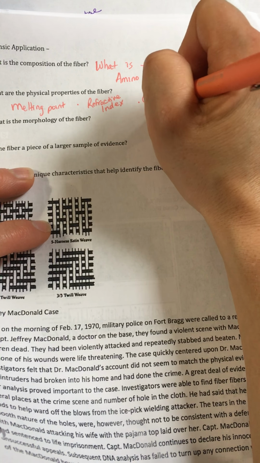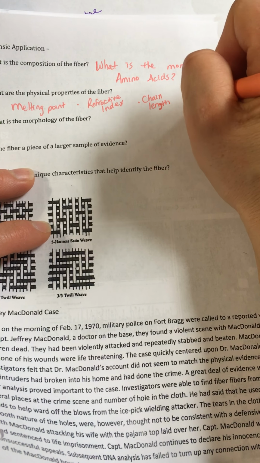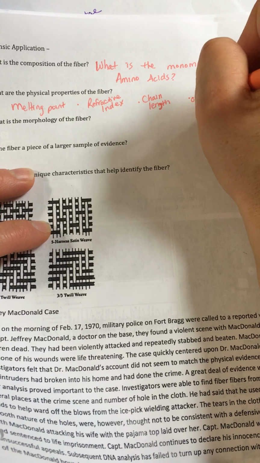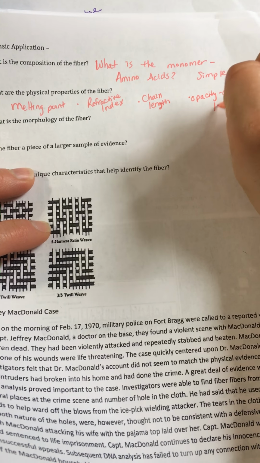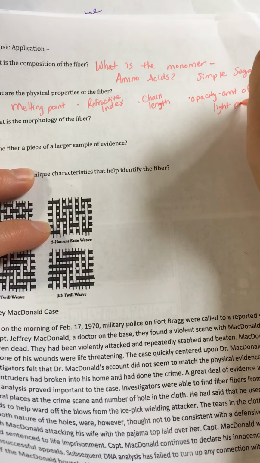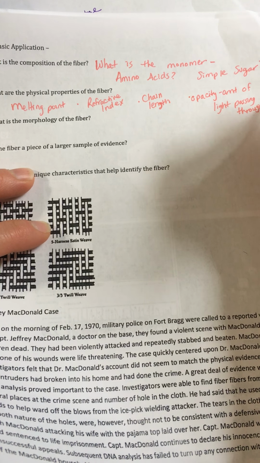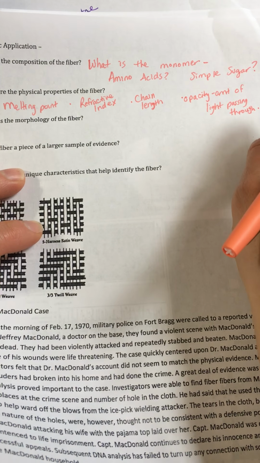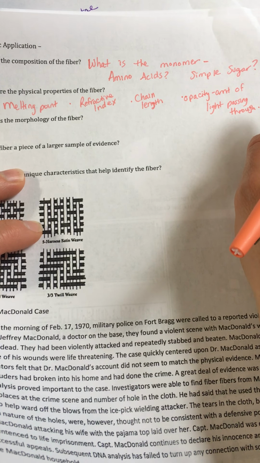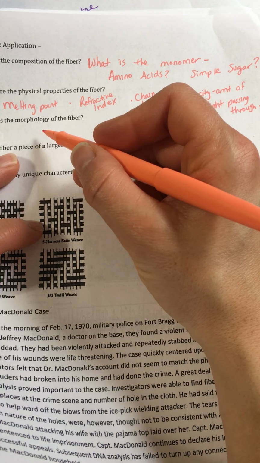That's something that can be determined. And then what's the opacity? What's the amount of light that passes through it? So those are properties that would be able to be determined forensically to figure out what type of fiber it is.